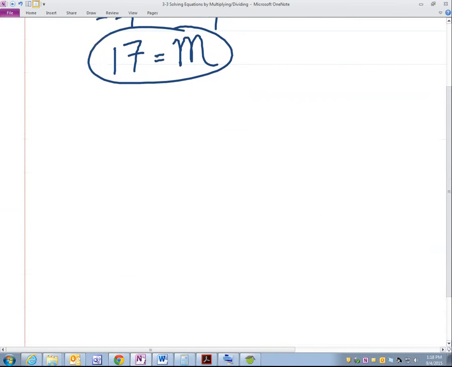And here's what we just did. We just did the division property of equality.